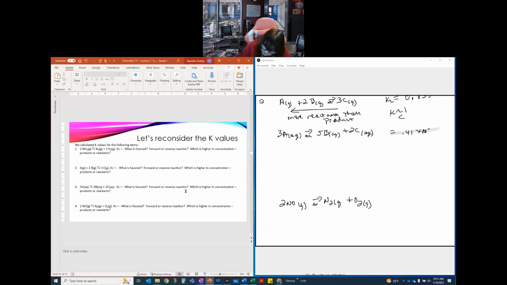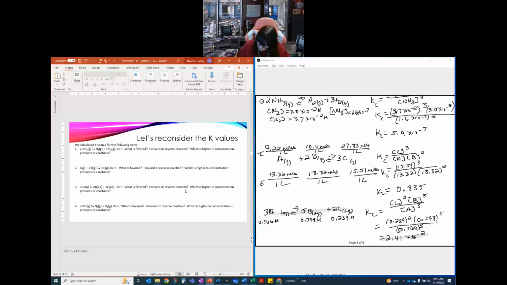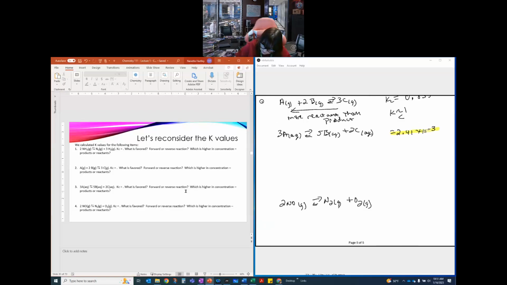So 2.41 times 10 to the minus third. Oh, 10 to the minus 2. Okay. 2.41 times 10 to the minus 2 is less than 1. So this is K less than 1.